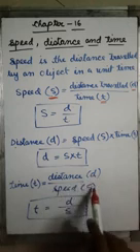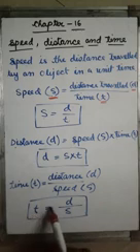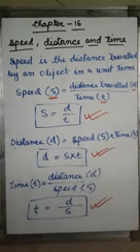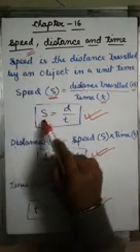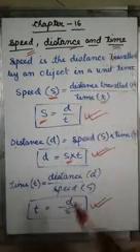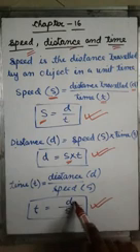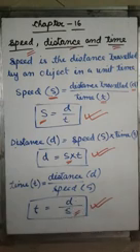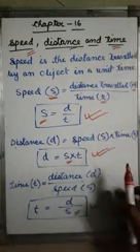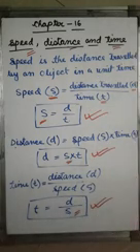Distance traveled is d, speed is s, therefore t is equal to d by s. You have to remember these three formulas to find the speed, distance and time. For speed, this is the formula. For distance, s into t, and to find time you have to divide distance by speed. These three formulas you have to remember. Note it down in your classwork copy, and I'll show how to apply it in our problem solving.